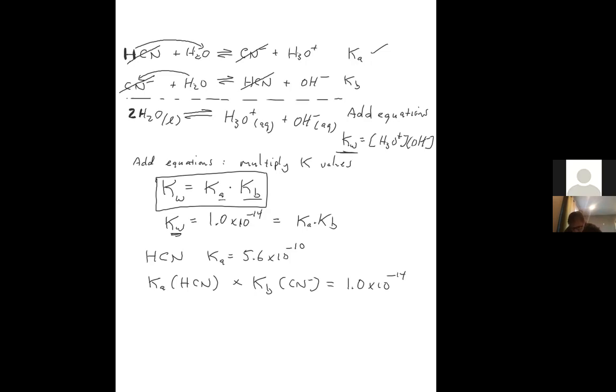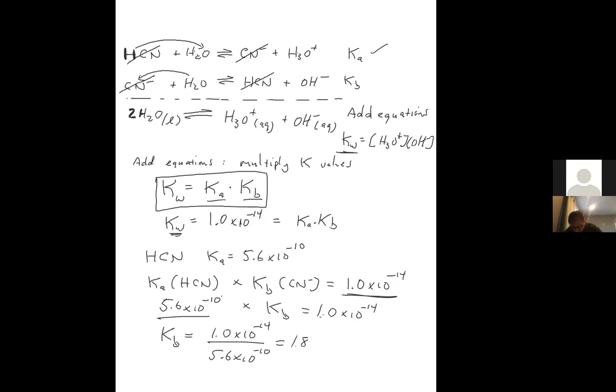The two of them multiplied together have to be equal to Kw. So if I know that Ka is 5.6 times 10 to the negative 10, then Kb would just be 1.0 times 10 to the minus 14 over 5.6 times 10 to the minus 10. And there you go, which I think is somewhere around 1.8 times 10 to the minus 5. You can check that on your calculator.